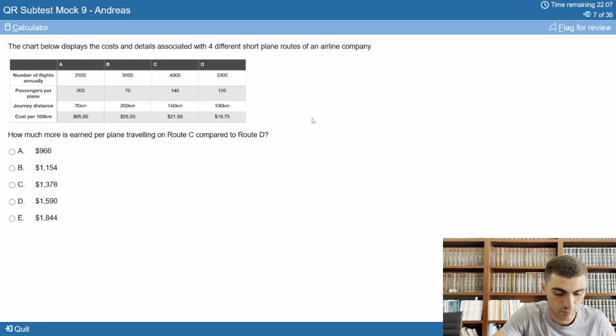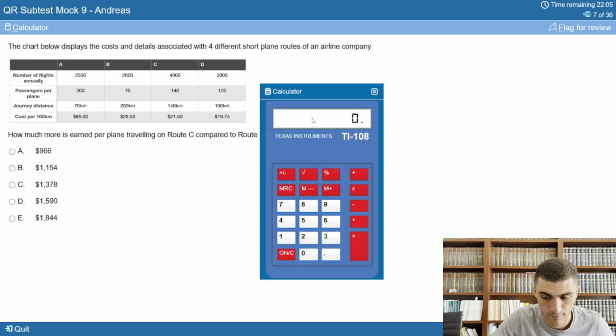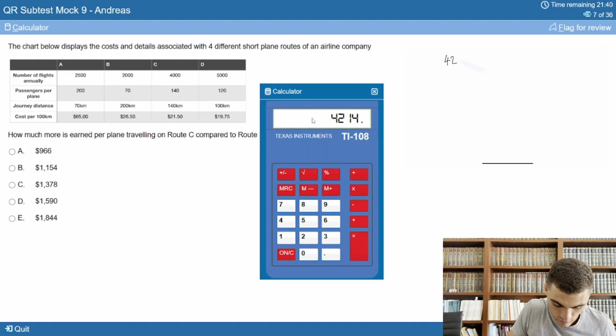Okay, so it's 140 times 1.4 times 2150, so it's 4,214, and then it's just 120 times 19.75, so it's 2370.